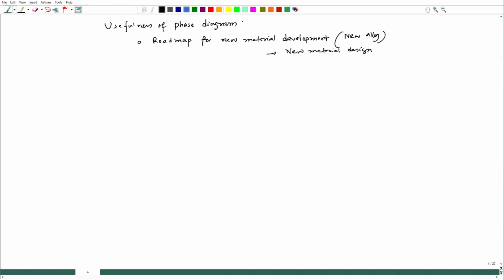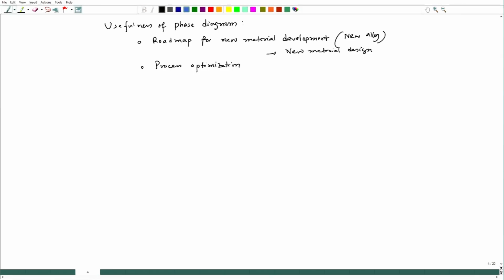Now we can also look at process optimization. The phase diagram gives us certain information, certain kind of help, but it has to be combined with another important aspect, which is called kinetics, because the phase diagram is based on thermodynamic principles.